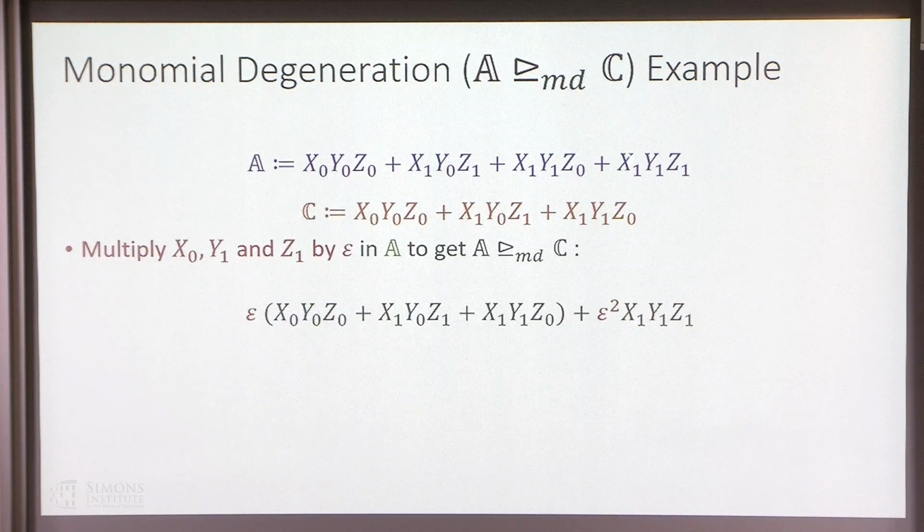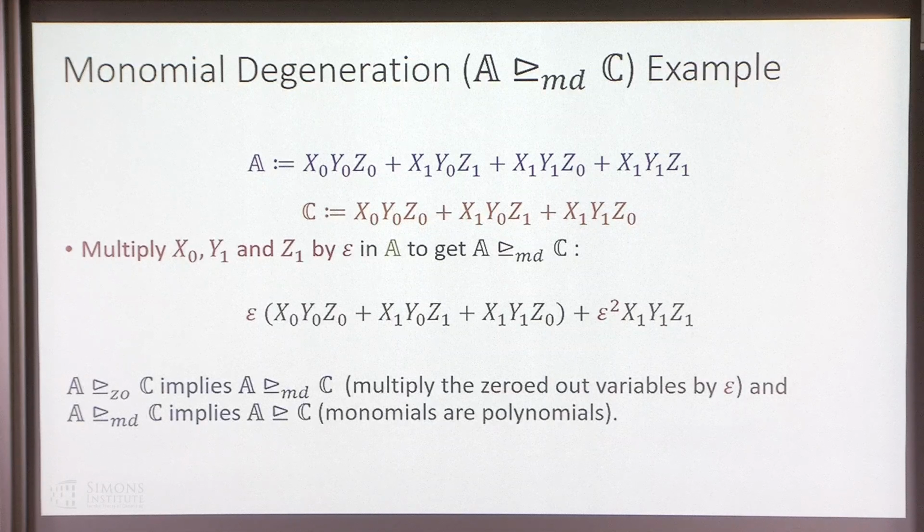But this one gets epsilon squared because it contains both y1 and z1. This is exactly the tensor C, and so A monomially degenerates to C. You can get some examples where you can degenerate, but you cannot monomially degenerate, and you cannot zero out. So these are increasing powers of embeddings of tensors that do not increase the rank.